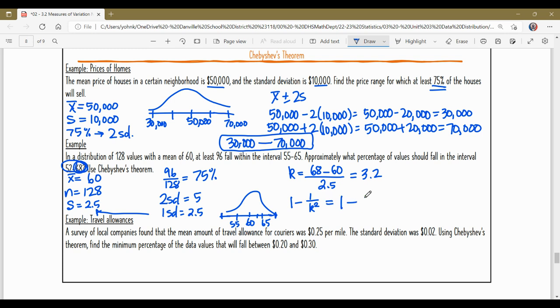So I do 1 minus 1 over 3.2 squared. If I do this, I get 0.9, which gives me 90%. So if 75% are between 55 and 65, then 90% are between 52 and 68.